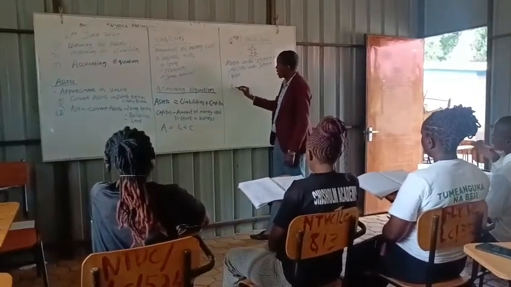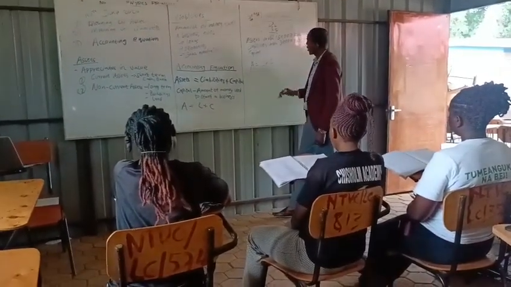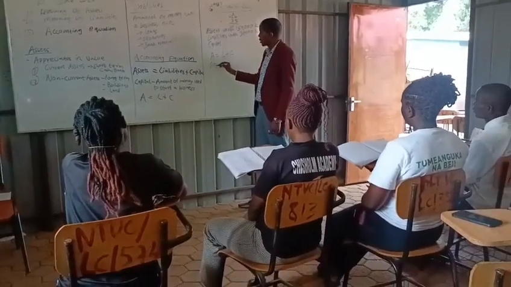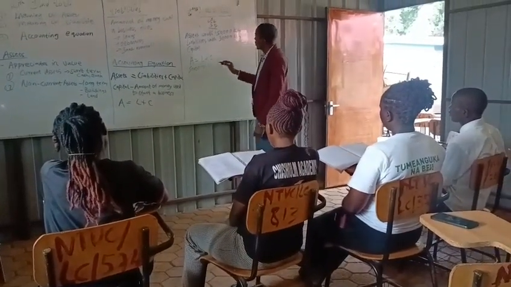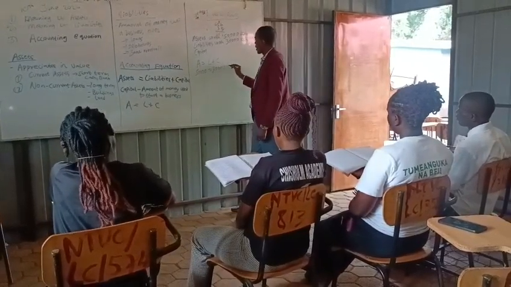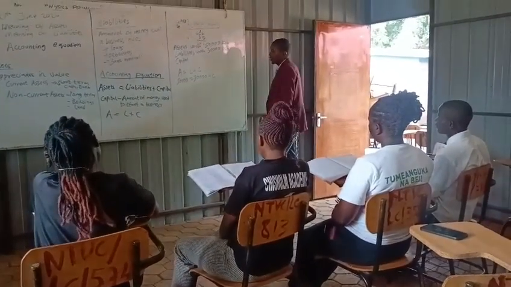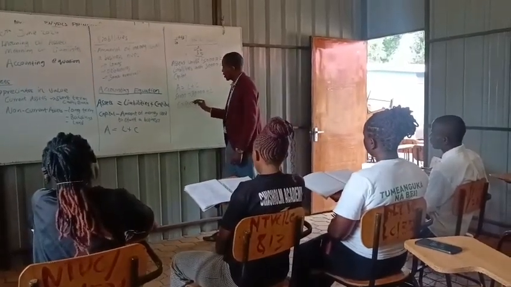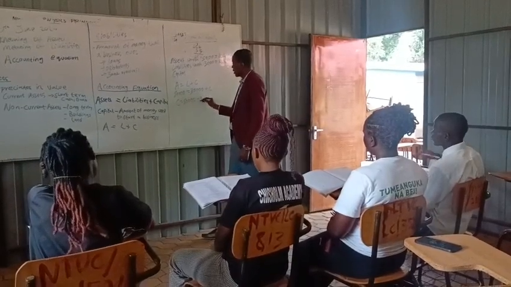So, capital will be what? You know, assets equals liabilities plus capital. Simple mathematics. 50,000 equals 30,000 plus the unknown capital. So our capital will be equal to 50,000 minus 30,000.